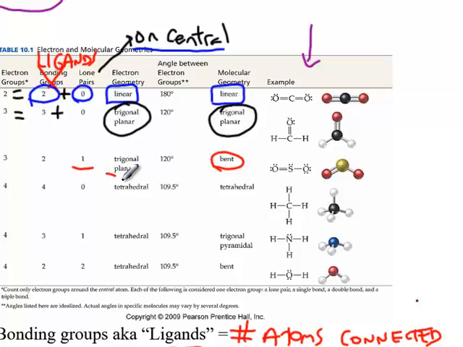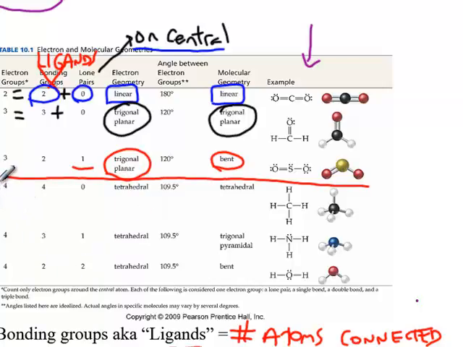In terms of the electrons, it's still trigonal planar, same angles basically as the previous row. So we have linear with 2 ligands, and a total of 3, either 3 ligands and 0 lone pairs, or 2 ligands and 1 lone pair, would be trigonal planar electrons.